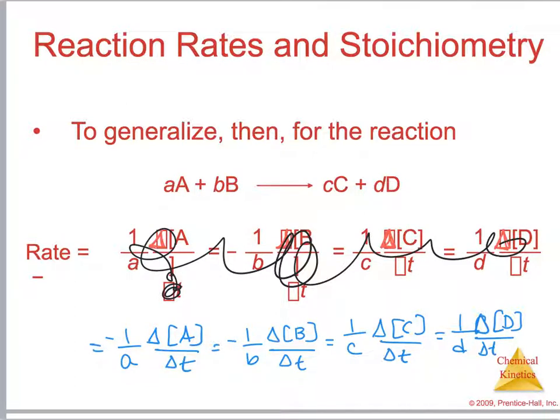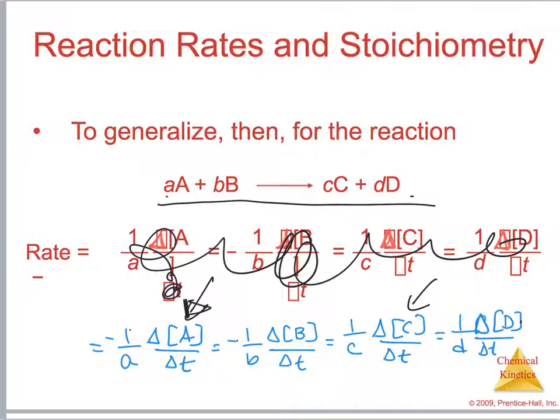So if you have a general reaction, coefficient, little letters, little a, your rate of getting rid of A over time, if you wanted to equalize that to how much, for example, C you made, negative 1 over the coefficient times the change in A over change in T will be equal to negative 1 over the coefficient of the change in B over change in time will be equal to 1 over C times the change in concentration of C over the change in time will be equal to 1 over the coefficient for D times the change in concentration of D over the change in time.